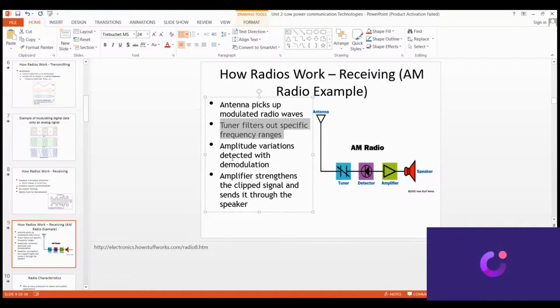Then after that, you have the detector, which is able to detect the amplitude variation. Then in addition, we have the amplifier that strengthens the signal, so that it sends it out to the speaker and you're able to listen to a clear signal, clear sounds.